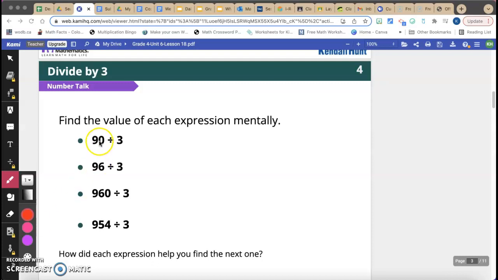So if we have 90 divided by 3, I know that if I was going to do my fast facts, 3 times 2 is 6. 3 times 5 is 15.